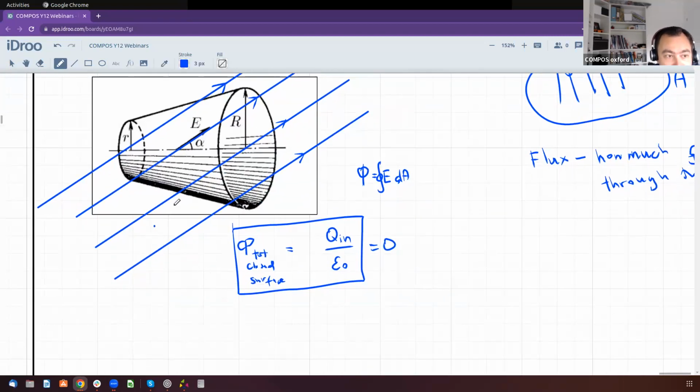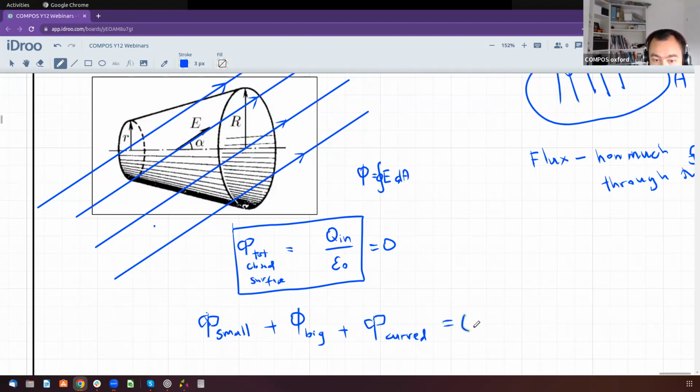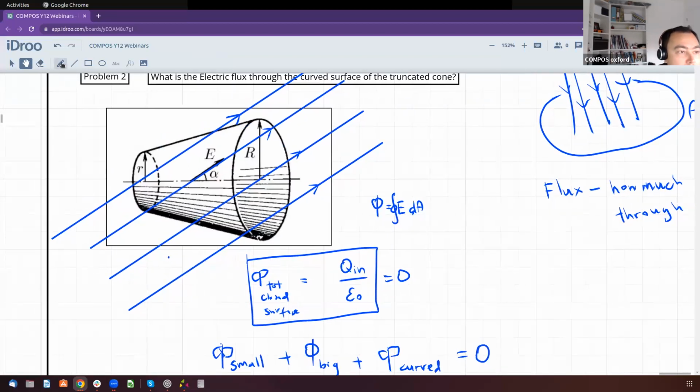Now we just add up all the fluxes. So we have the flux going through the small circle, plus the flux going through the large circle, plus the flux going through the curved section. And we know that this has to be 0. Okay. Now we choose a vector.